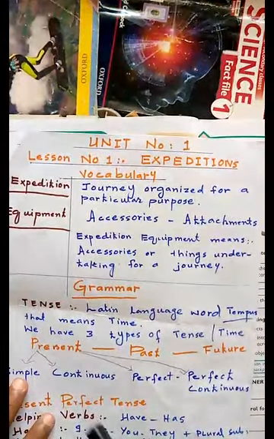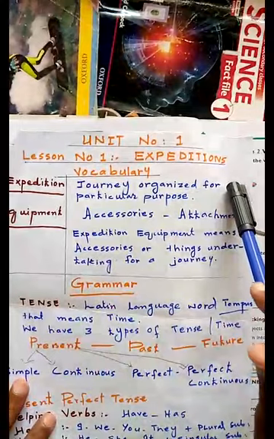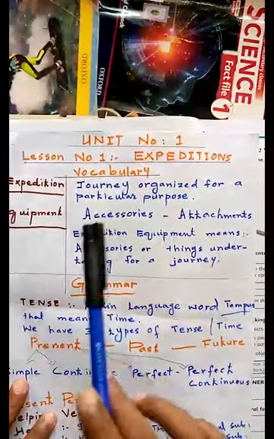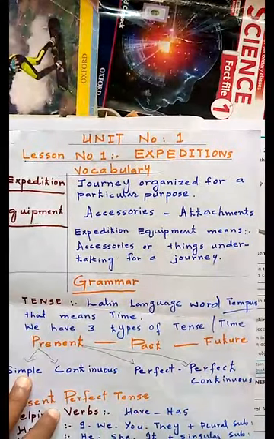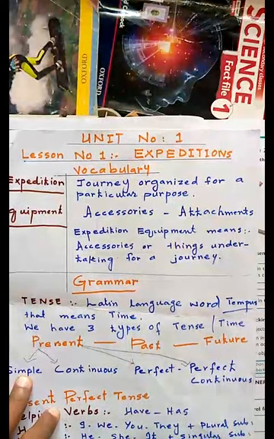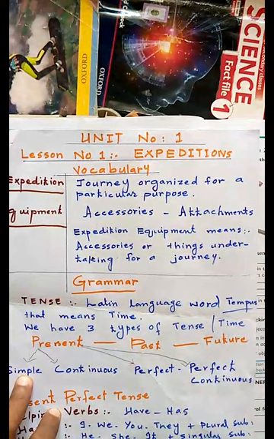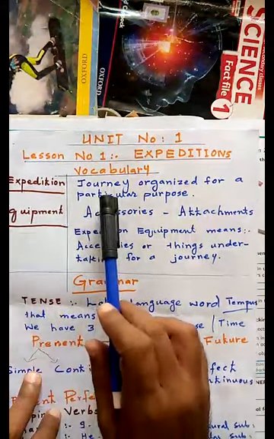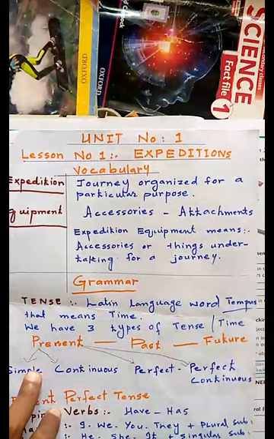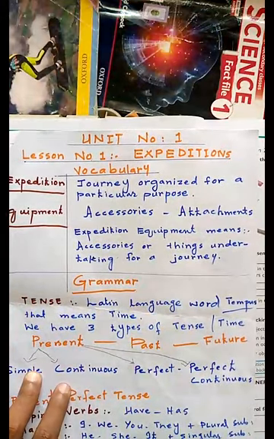I will repeat it for you. Lesson number 1, expeditions. Expedition means a journey organized for a particular purpose. If you want to go to the North Pole, the South Pole, South Africa's forest, or the Sahara Desert, you will go on an expedition, not a journey. A journey is a simple word for going from one place to another.